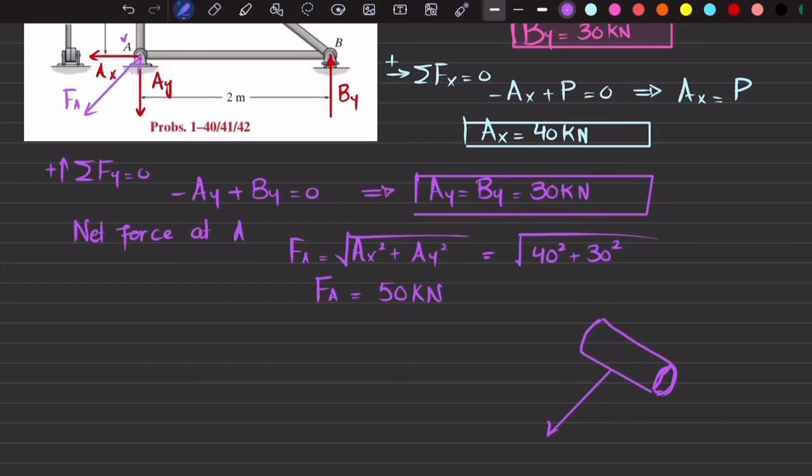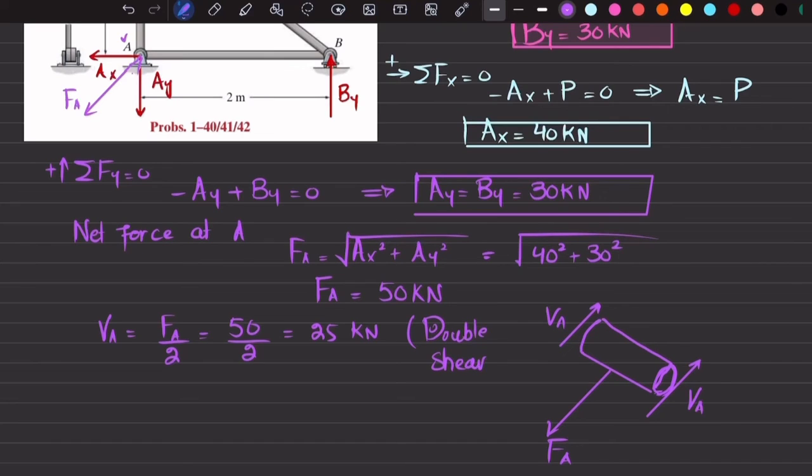So this force will be equal to FA. So due to double shear, there will be a shear force VA in this direction as well as in this direction. So by using equation of equilibrium, this shear force VA will be equal to FA divided by 2 due to symmetry. So 50 divided by 2 is equal to 25 kilonewton. Why? Because we have double shear.